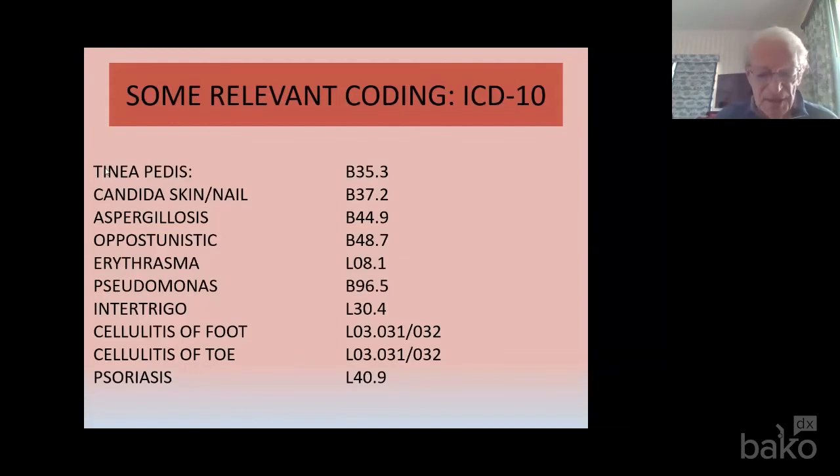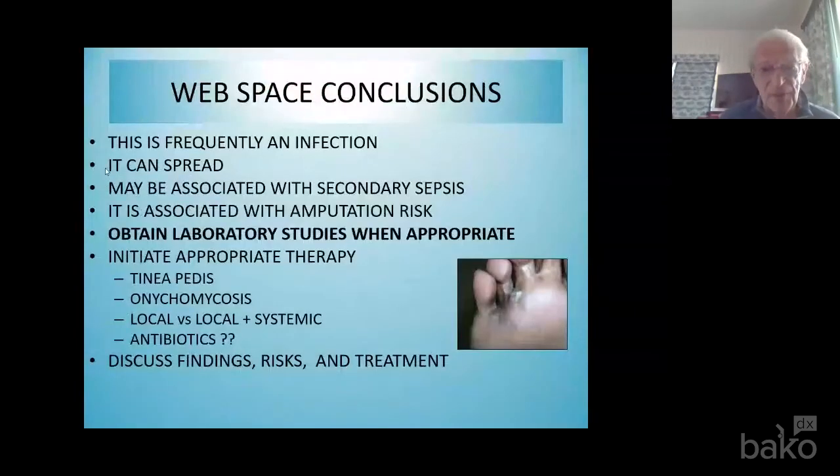People tend to get lazy. They depend on these pre-populated notes. And I want my notes to be specific for each patient I see. So if I'm billing for consultation time, for example, I will state in that note exactly what I consulted them about. So if it's for a web space infection, the need to do this, the need to apply that, so that it's very clear as to why I feel it is justified.